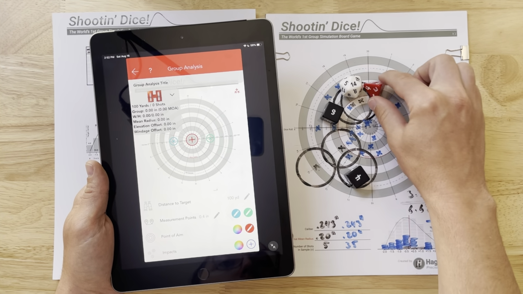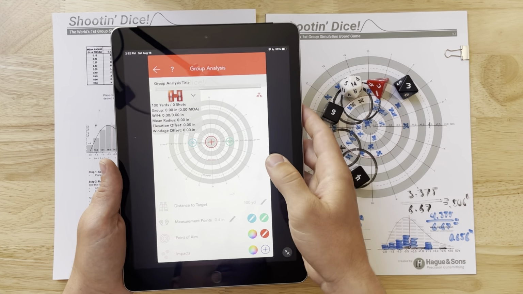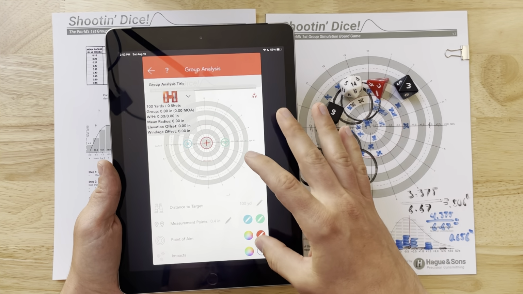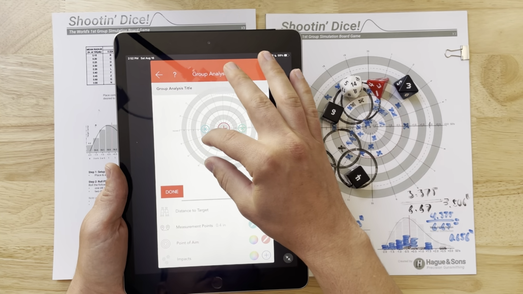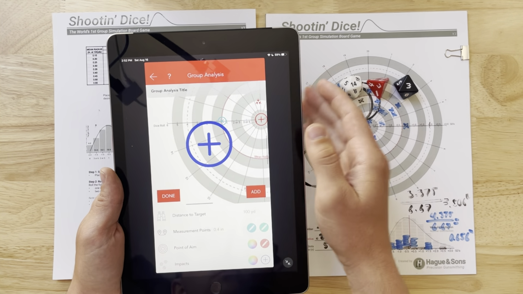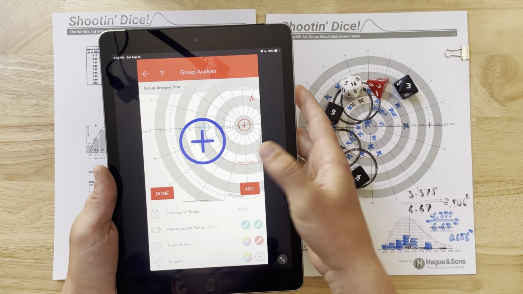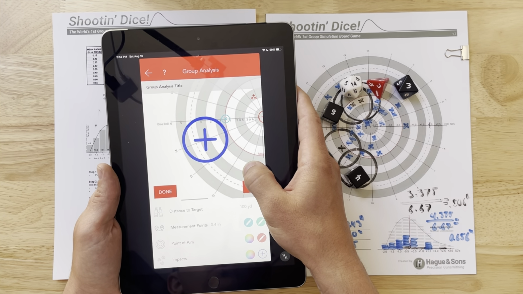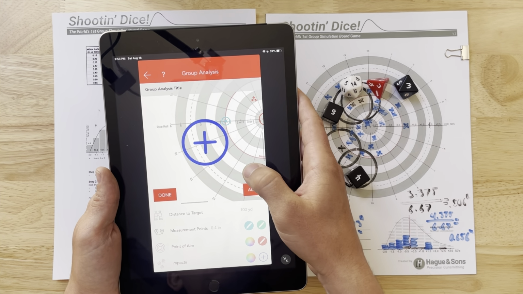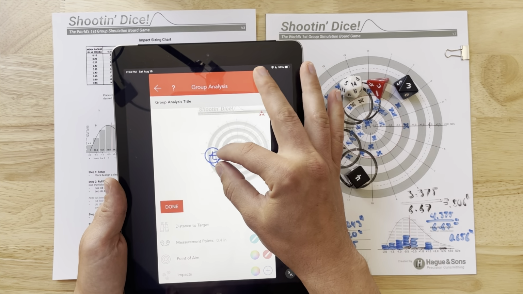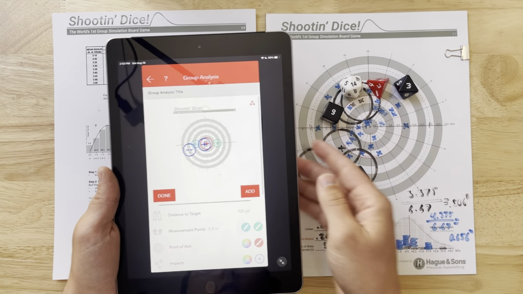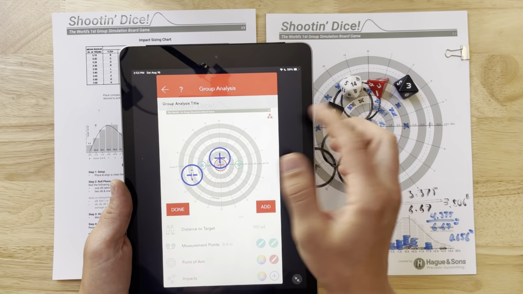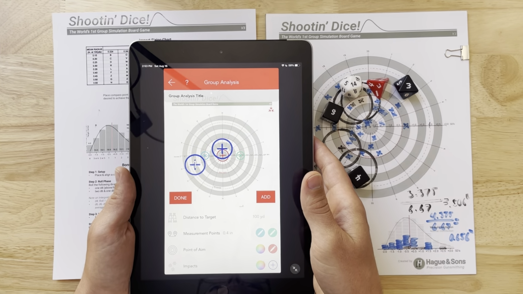So we got 14, 3, and 3. That means we are aligned with 14 here. We are outside the mean radius, and our roll was in the 3 ring. And then you can build your target directly in the app.